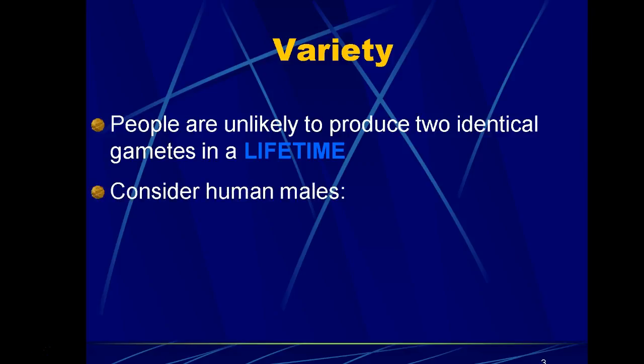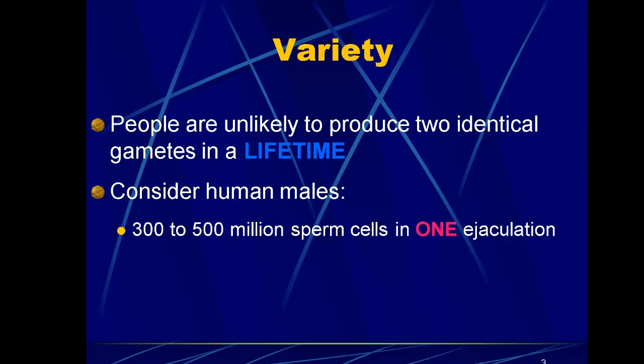If we consider human males as an example, per ejaculation we have 300 to 500 million sperm cells. That's about 120 million sperm cells per ml.